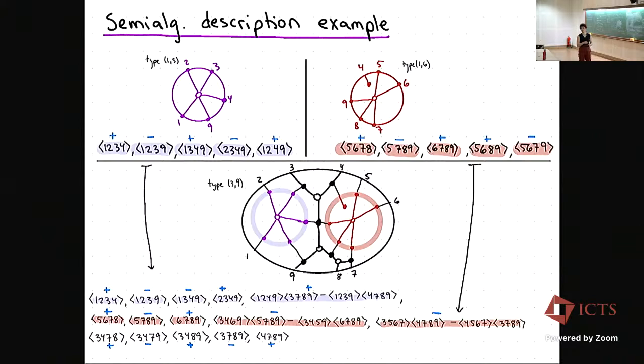Each one has 4. And then I also need to take the momentum twistors I had up here, and I need to do some shifting on 4. 4 is what I should mess with.